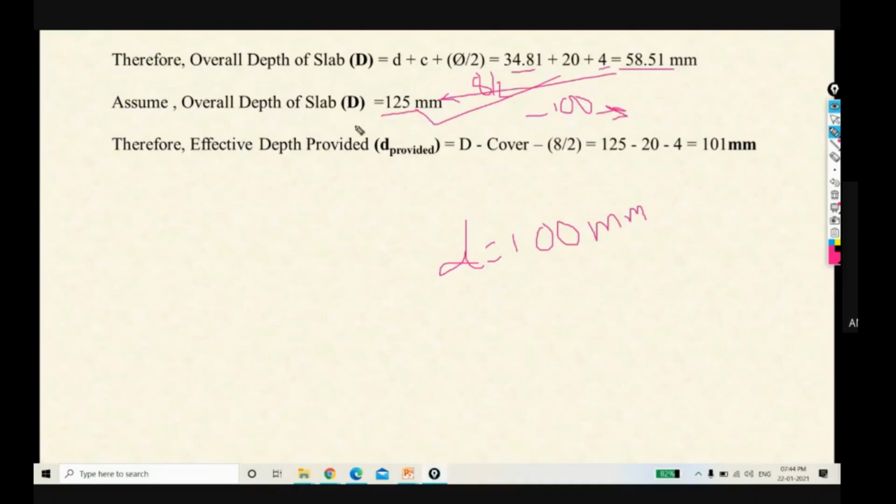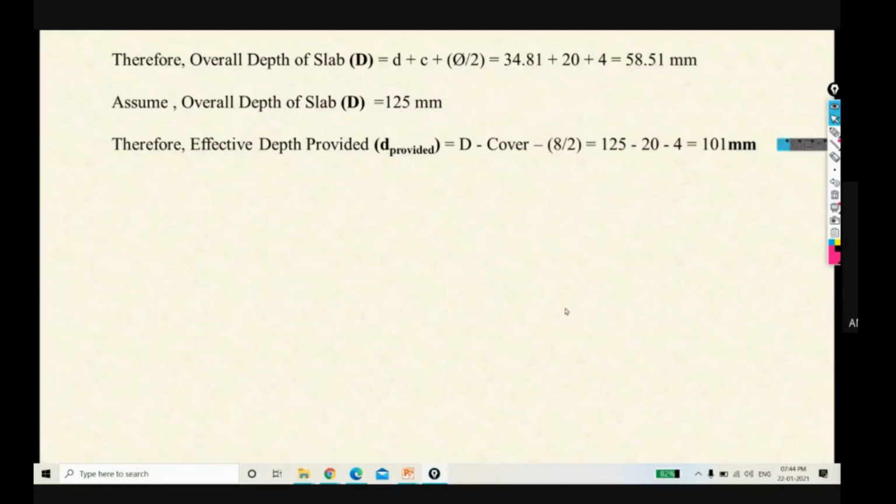That's why we are considering overall depth as 125 mm, and overall depth is important for fixing the centering and formwork. For formwork, overall depth is most important. So effective depth provided is D minus cover minus 8 by 2, same formula.